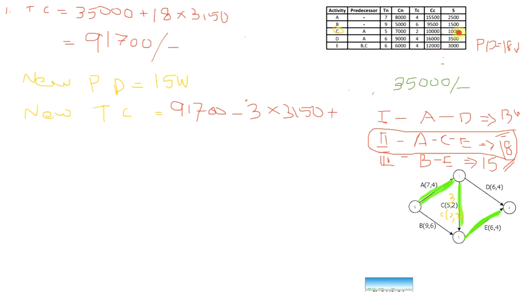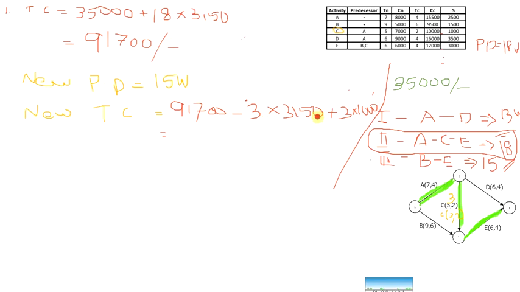That is 1000, the crash slope. It is per week. So we have to add 3 into 1000 also.